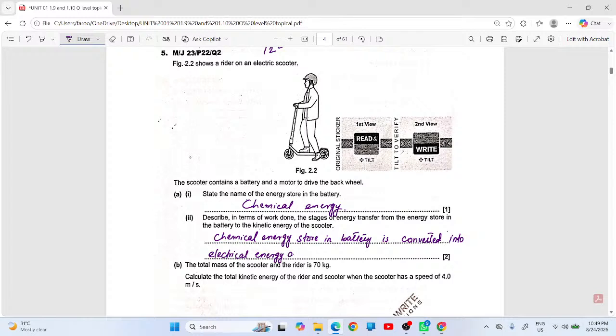And electrical energy is converted into kinetic energy by motor. ठीक है?